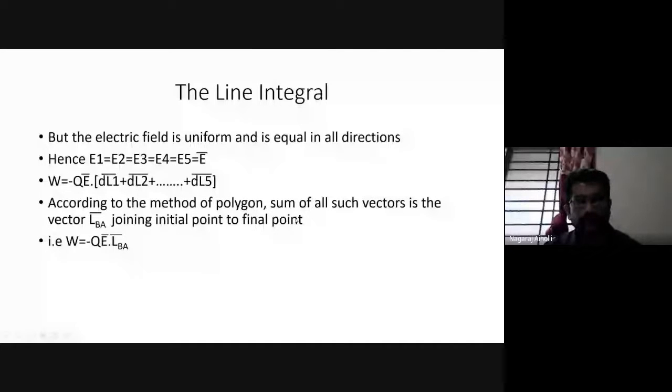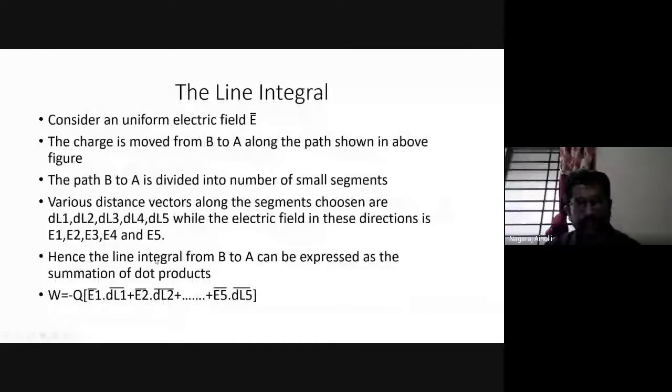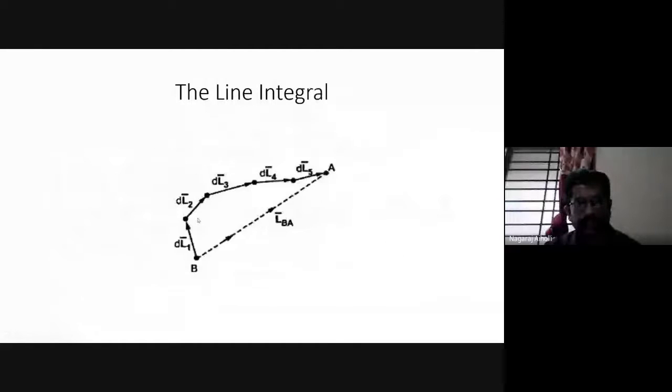According to this, the sum of all such vectors is the vector LBA bar joining the initial point to the final point. That means instead of DL1 plus DL2 plus so on up till DL5, I can simply write the resultant vector that we have written here. You can see in this figure, it is simply LBA bar, the line joining the final point with the starting point, that gives the resultant segment vector, LBA bar.